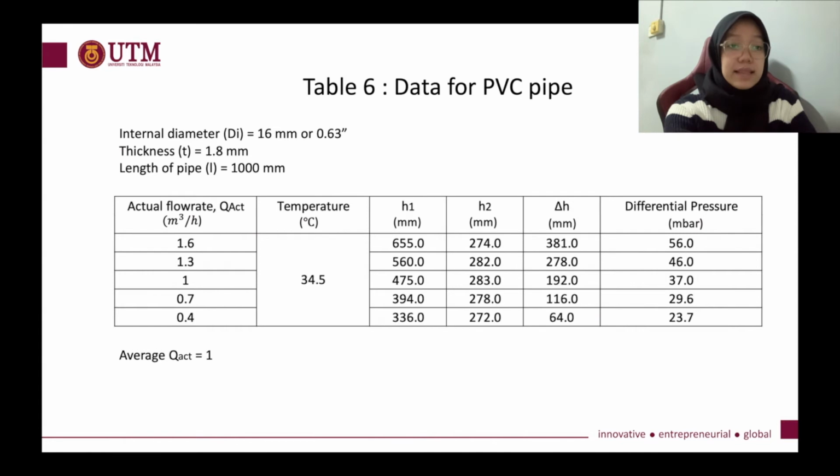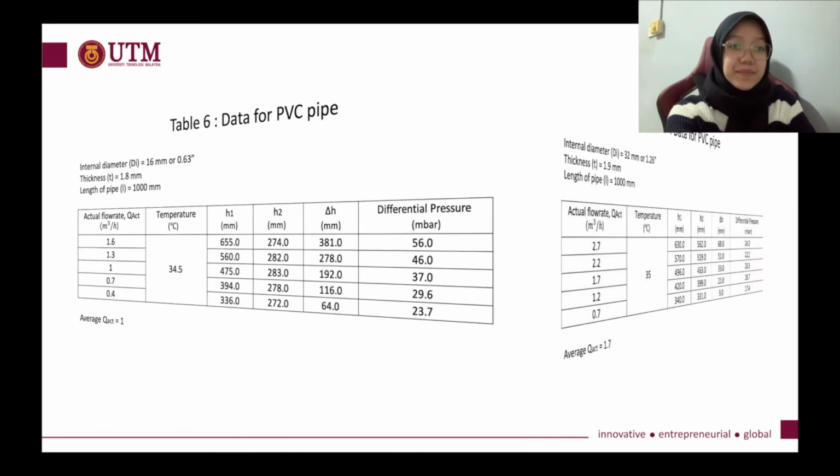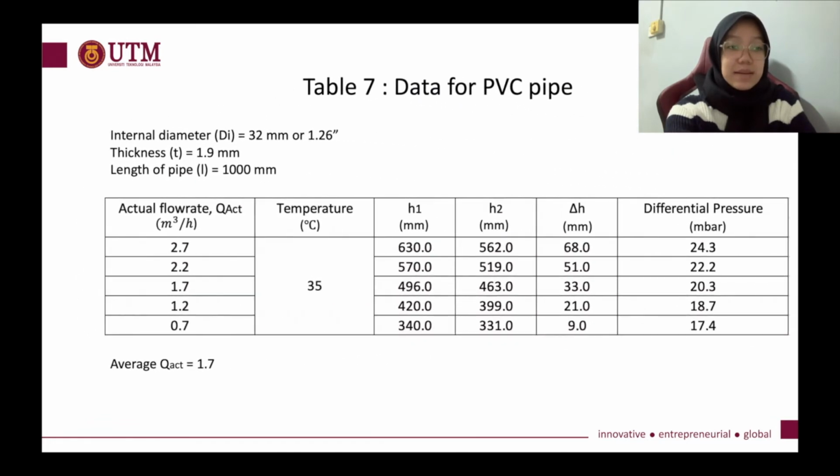Next we have the data for another PVC pipe, shown in table 6, with internal diameter 16 mm, thickness 1.8 mm, and length of the pipe 1000 mm. Last but not least is table 5, showing the data for the PVC pipe with internal diameter 32 mm, thickness 1.9 mm, and length of the pipe 1000 mm.